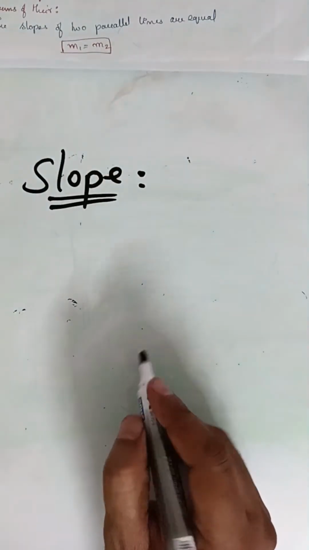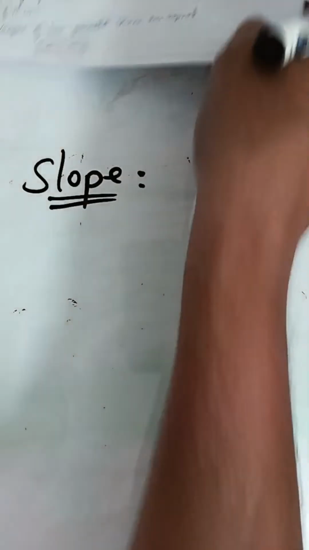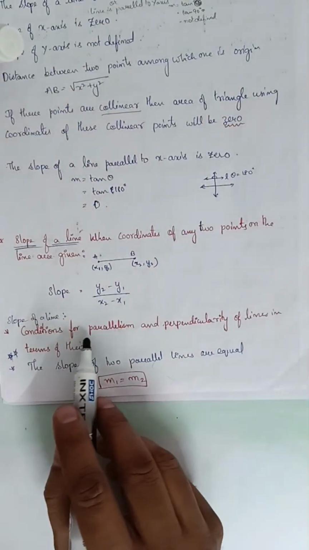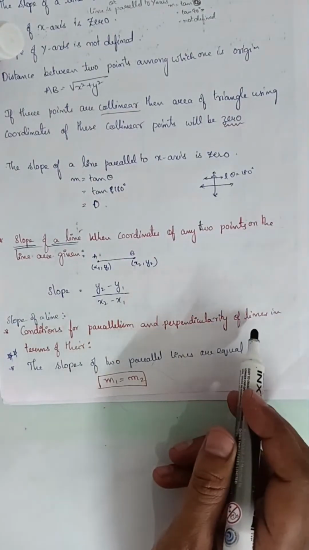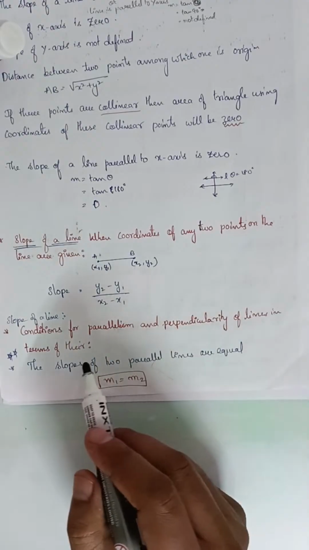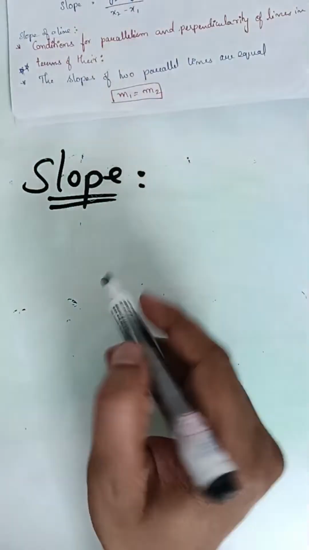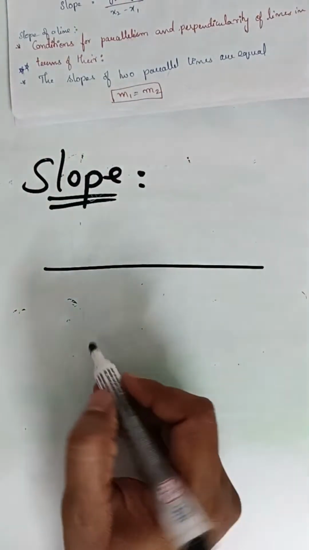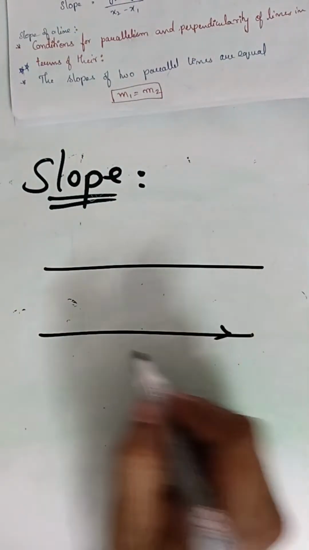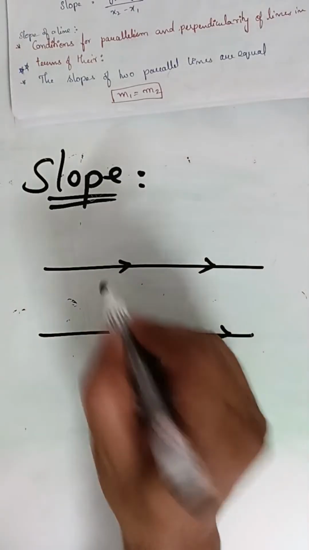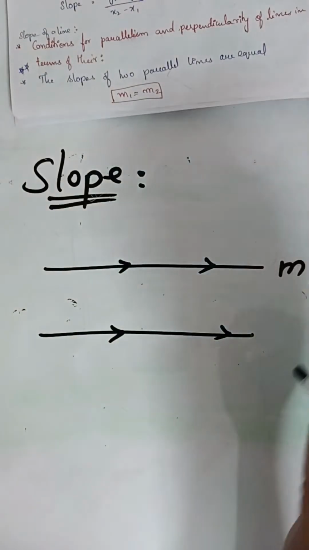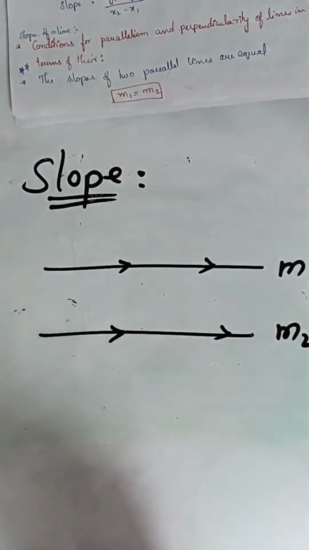Now let's see the condition for parallelism and perpendicularity of lines in terms of their slopes. If there are two parallel lines, the slope of the first line is m1 and the slope of the second line is m2.